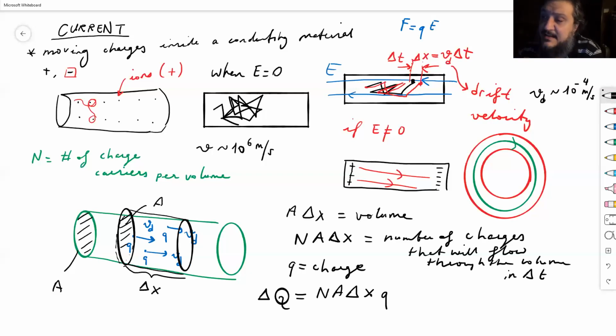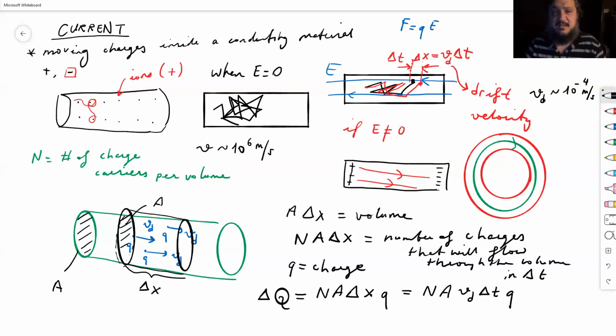And delta x, as we found over there, is the drift velocity times delta t. So we have n times A times v_d delta t q. All right, so in delta t seconds, delta q is the charge that flows through that area.